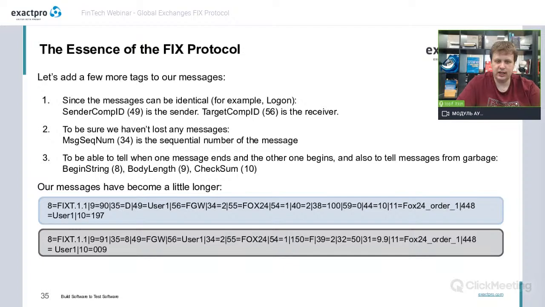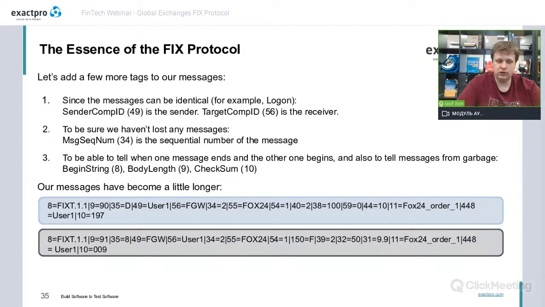Parts of the header are SenderCompID and TargetCompID. They represent the sending party and target party, and they are used for routing messages most of the time.